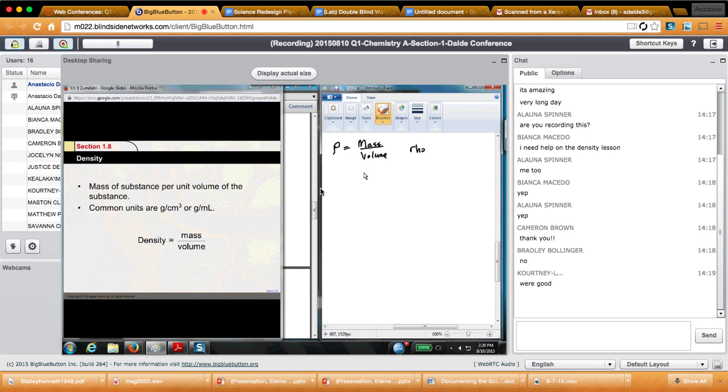Cool. And density is measured in grams per centimeter cubed. That's what we usually measure it in. We could measure it in different units. We could go kilograms per meter cubed, or kilograms per centimeter cubed, or whatever, as long as we have the units of a mass up on top and a volume on the bottom. Are we cool? Yep. All right.